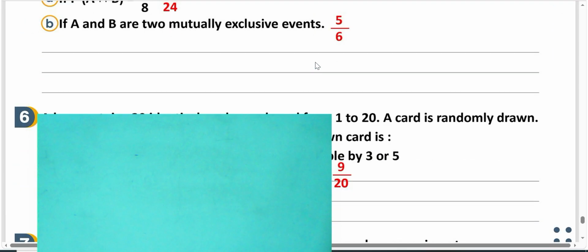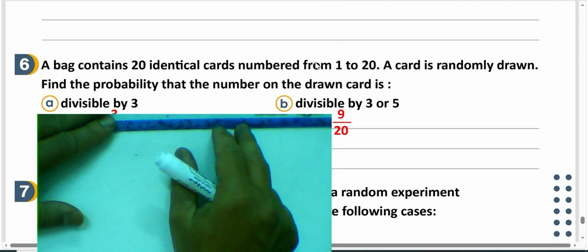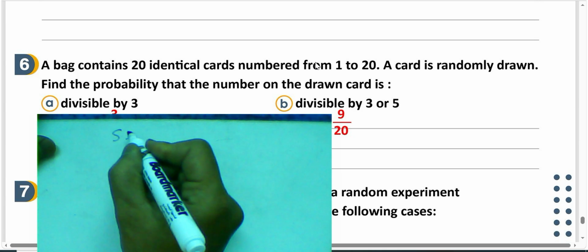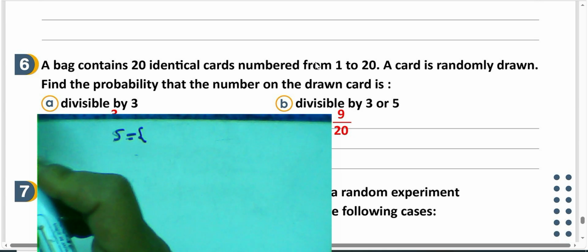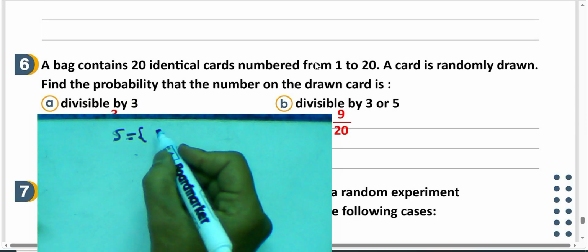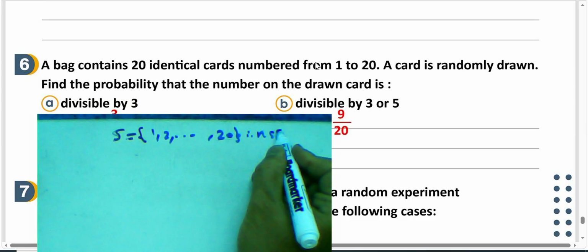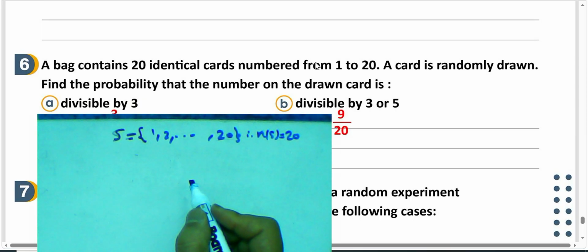Next question. We have a box containing 20 identical cards numbered from 1 to 20. Then the sample space here is from 1 to 20. Okay, the number of elements in the sample space is 20 numbers.